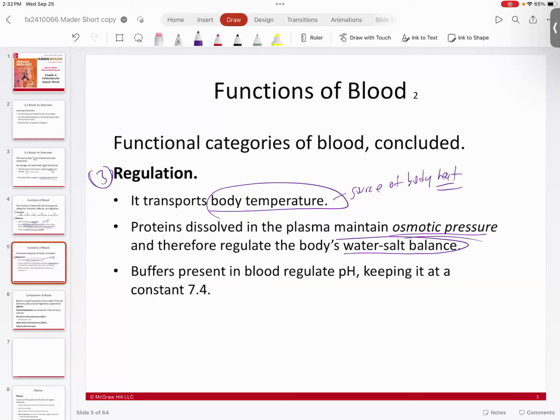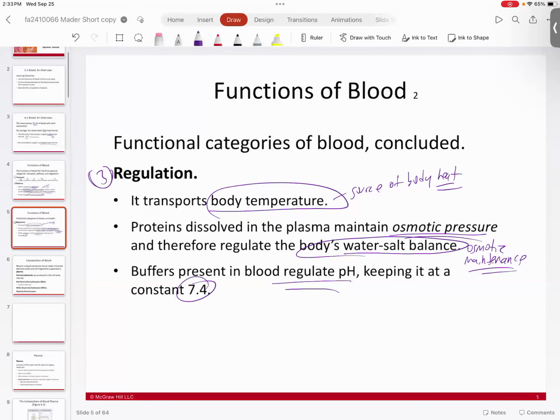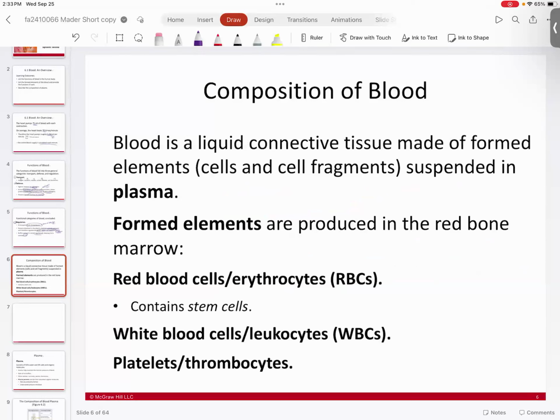It's also involved in that salt water balance, which is also osmotic maintenance, that is, maintenance of water in your system. Okay. It'll also regulate blood pH. And typically your physiological pH is hovering around 7.4. So that's a consistent pH that you're going to see in your blood.